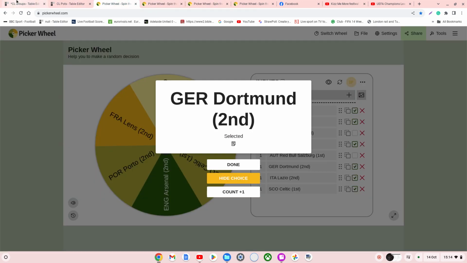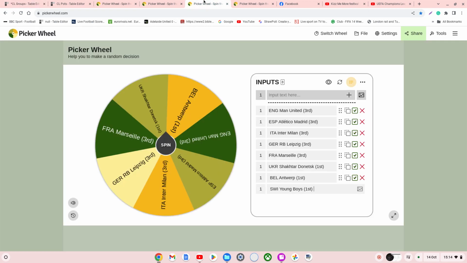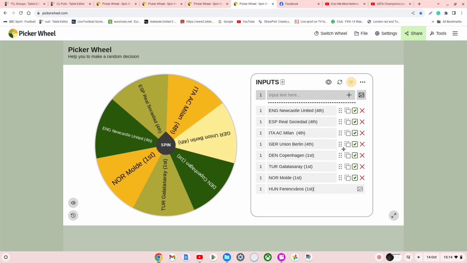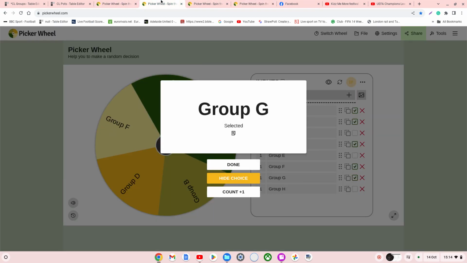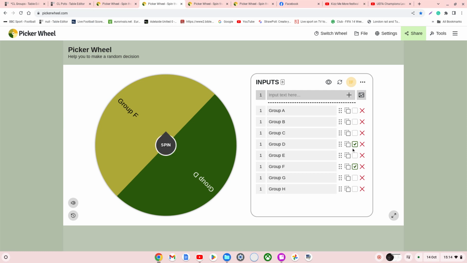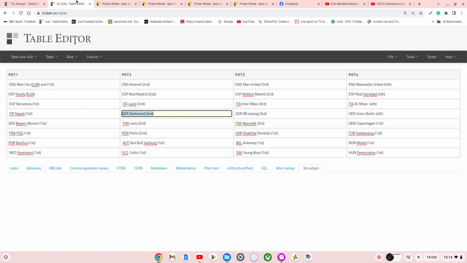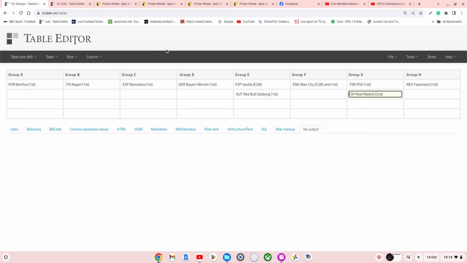So they can't be in Group A, B, or C, and definitely not D. So I'm going to have to remove A, B, and D. So the only option they have is F. F is the only option.